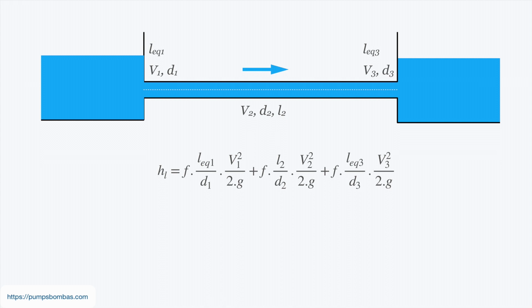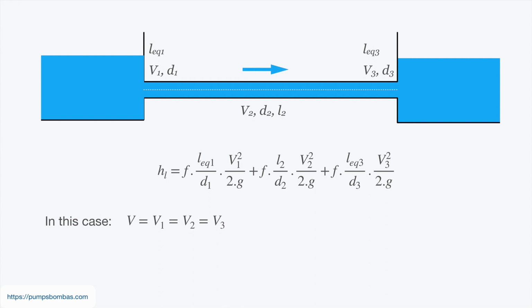HL is equal to the head losses of accessory 1, but now what we use is the friction factor by the ratio of the equivalent length 1 divided by the diameter at this point, multiplied by kinetic energy at this point, plus the friction factor multiplied by the length of the pipe divided by diameter multiplied by kinetic energy on the pipe, plus the last one, accessory 3, where we have the friction factor multiplied by the corresponding equivalent length of this accessory divided by diameter and multiplied by kinetic energy.